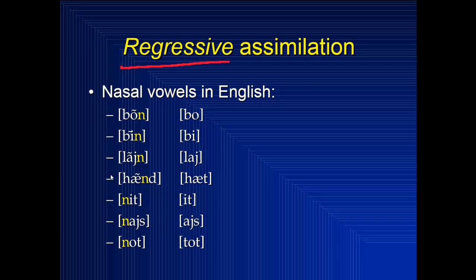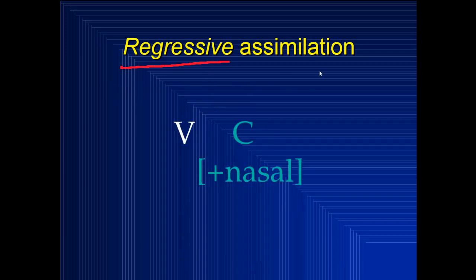Now here, when we say net, if we consider that the n may influence the vowel, it's not regressive, but it is going to be progressive assimilation, if we assume that there is nasalization in this case. Regressive assimilation: here we have a vowel followed by a nasal sound, which is a consonant. It affects its quality. It makes of it a nasalized one. This is the rule in here.